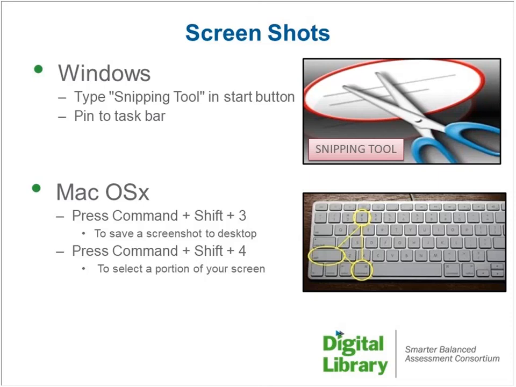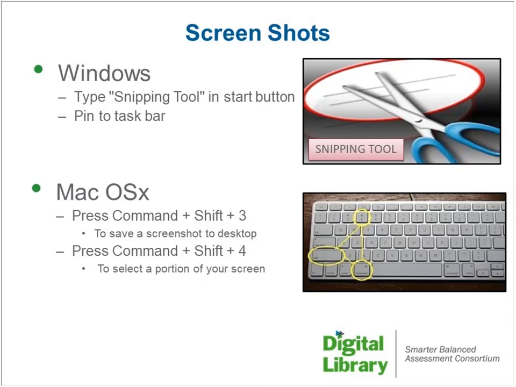And then for Mac, I think I mentioned this before, it's super easy. You can just do Command-Shift-3 to take a screenshot of your entire desktop, and then you can edit that in Preview, the free graphics tool available on a Mac.